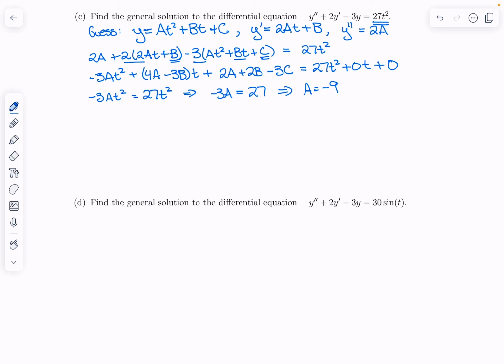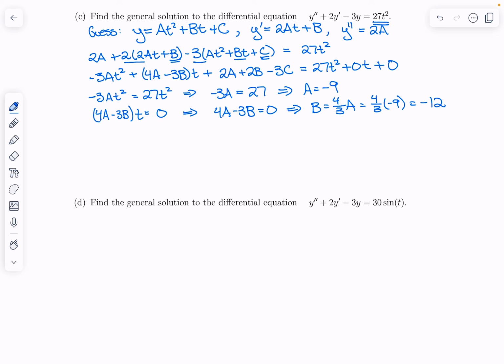For the t terms, I have that 4a minus 3b times t has to equal 0t. So that tells me that 4a minus 3b must be 0. And that tells me that b must be 4/3 a, or 4/3 times -9, which is in fact -12.